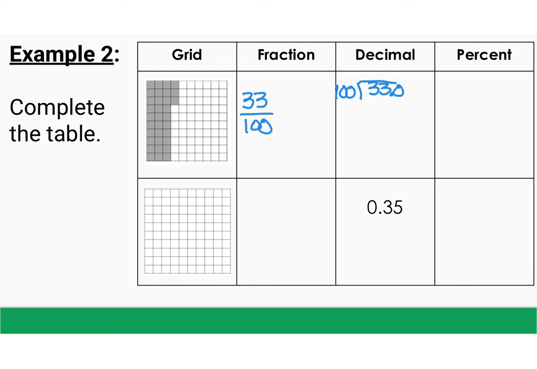So 100, subtract, add the 0, bring it down, put my decimal point above, so that's 0.33.